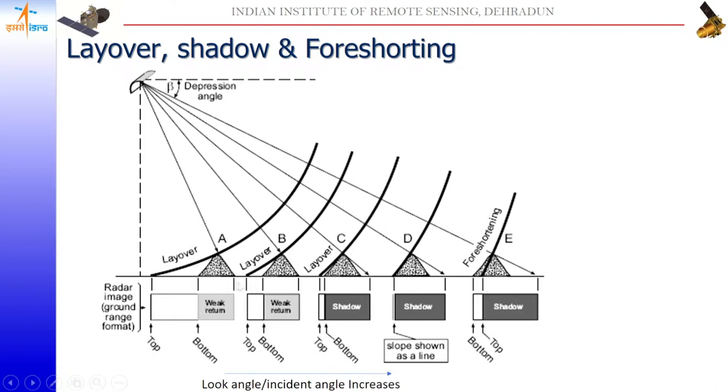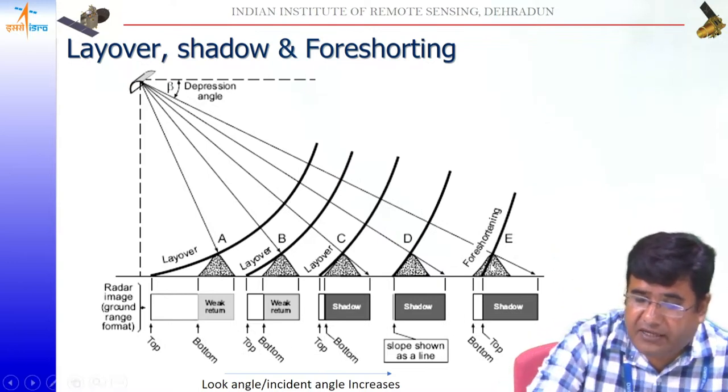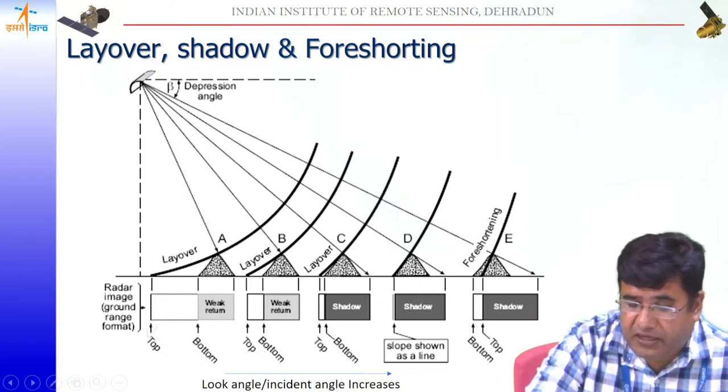As we go from near to far, the layover will start decreasing and the shadow will start increasing. So in the far range we have more shadow, and in the near range we have more layover.